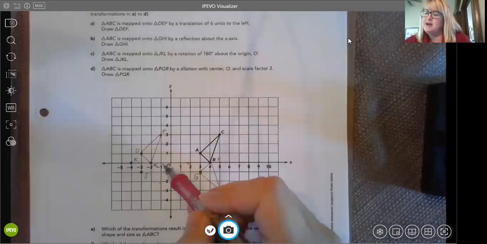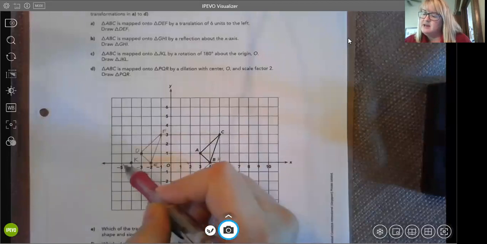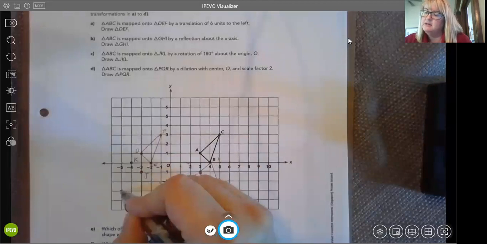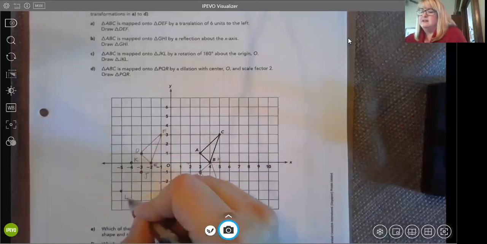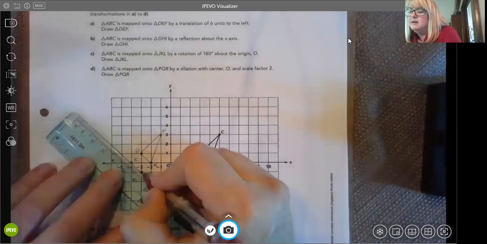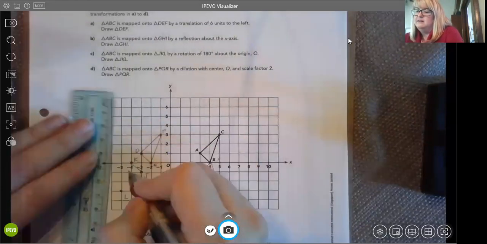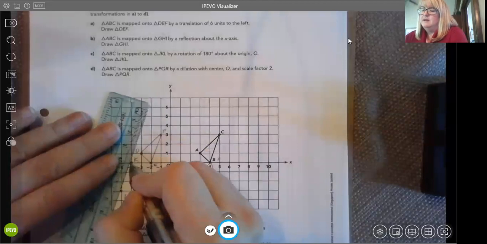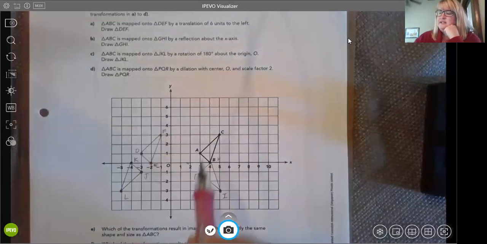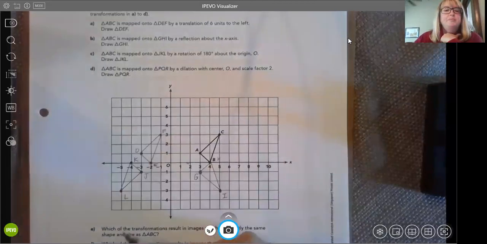So I'm going to go back 5, down 3, and this is called L. And then we connect them. J to K, K to L, L to J. All right, there is the rotation.